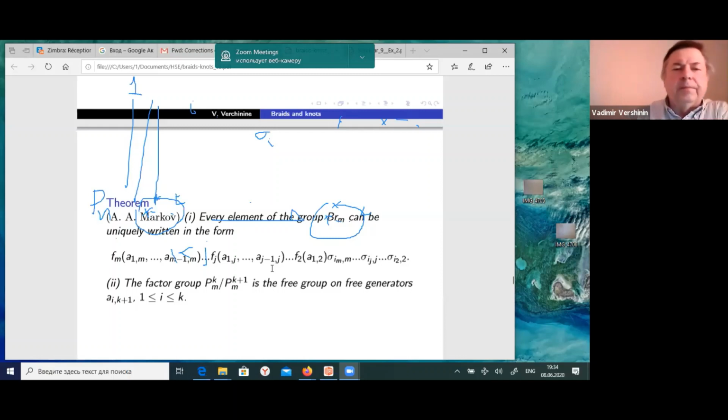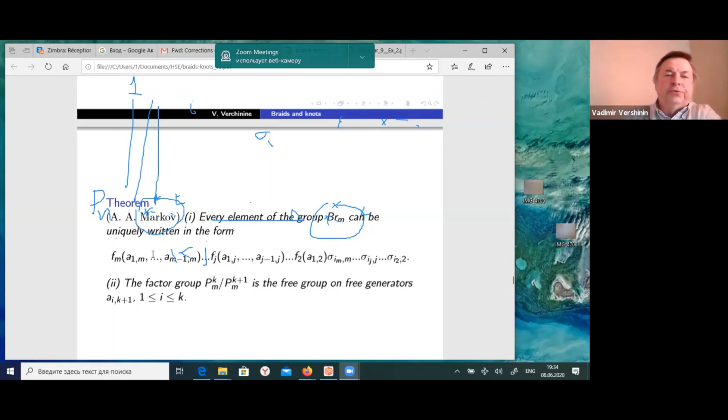But anyway, this is the Markov normal form, and so this is in some sense another way of getting a solution of the word problem for the braid group.